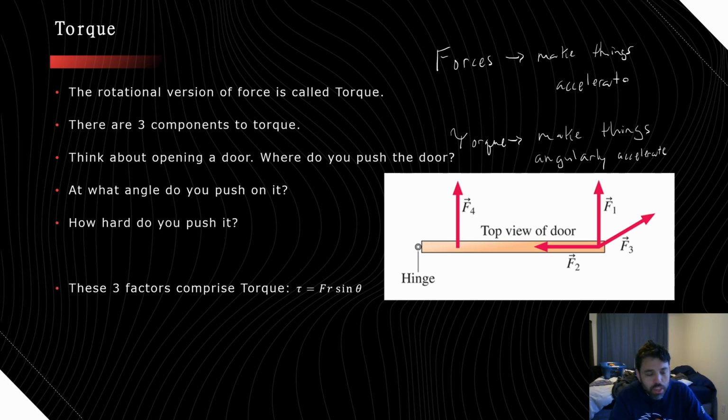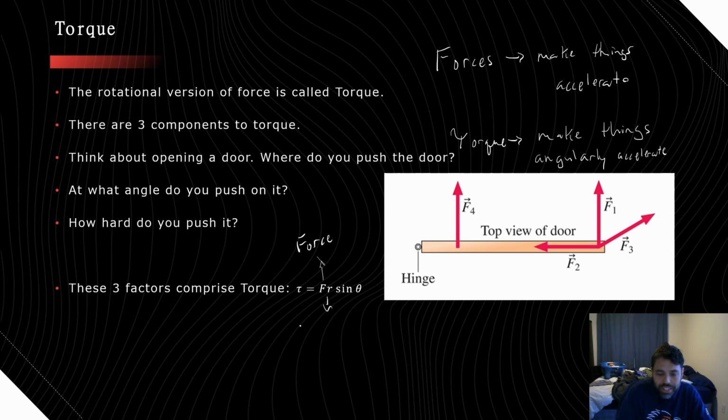All right, so these three factors, where to push, how hard you push, and the angle you push, make up torque. So torque, here's the equation for it, is F r sine theta. F is the force applied. R is the distance. Let's go through this. So F is the force you apply, right? That is the force.